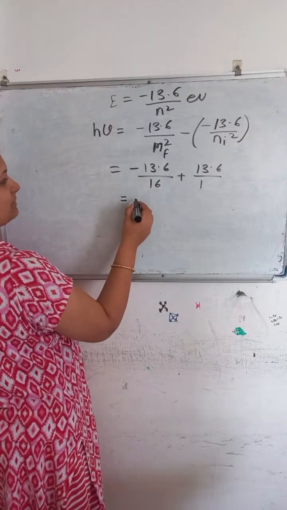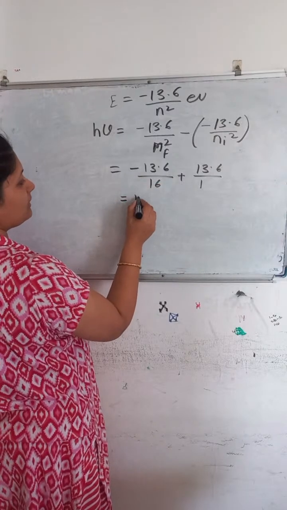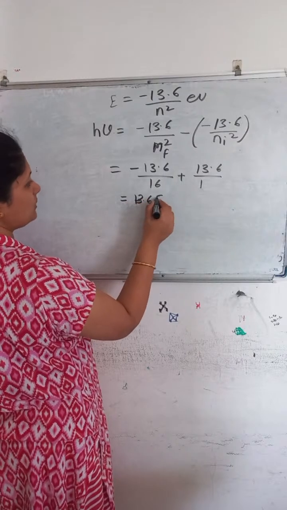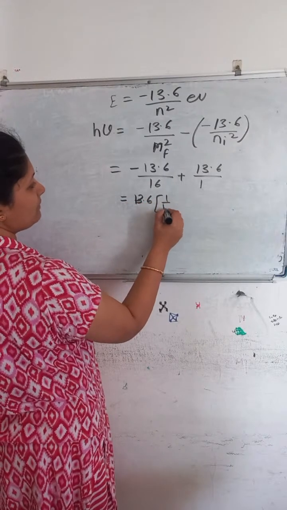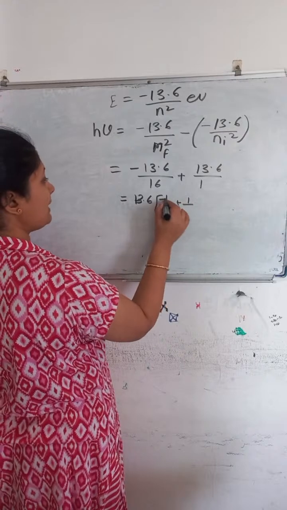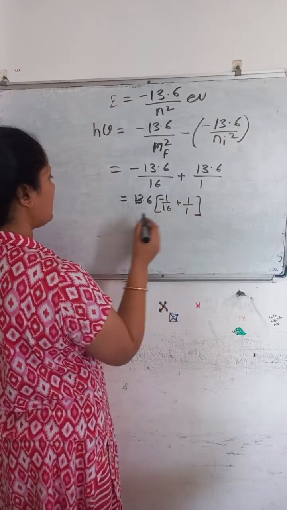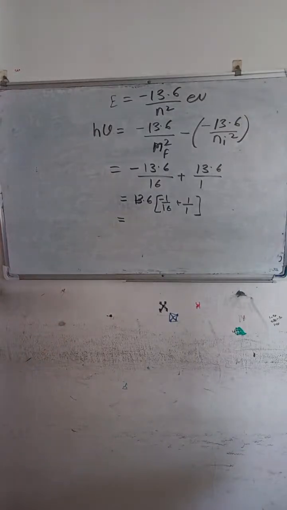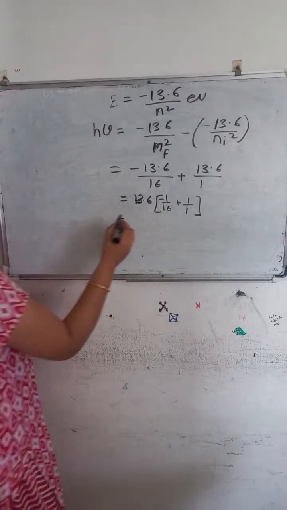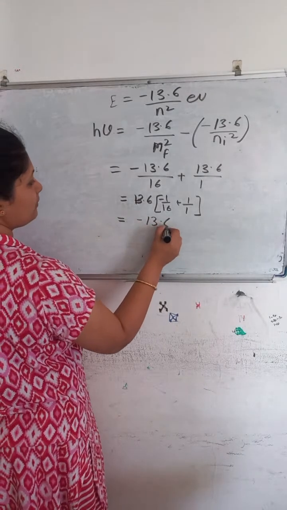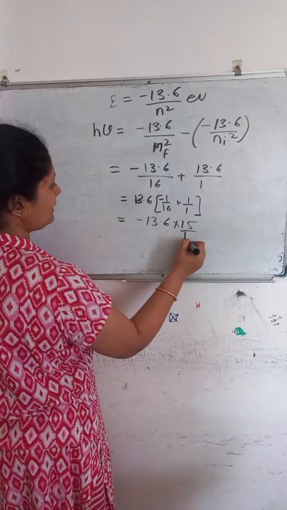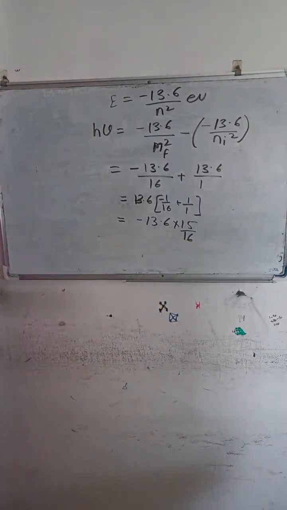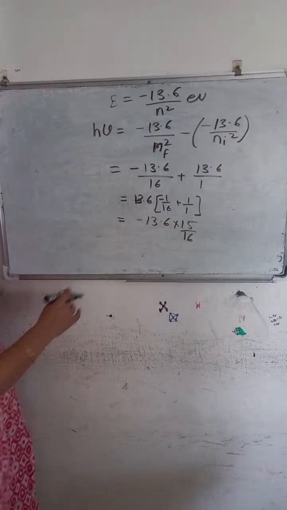Now you can simplify by taking 13.6 out. Okay, so here 1 by 16 plus, minus 1 by 16 upon 1. Okay, and you can simplify. You will get the answer again in negative. Then you can take a mod. Okay, here you will get it as minus 13.6 into 15 by 16 electron volt.